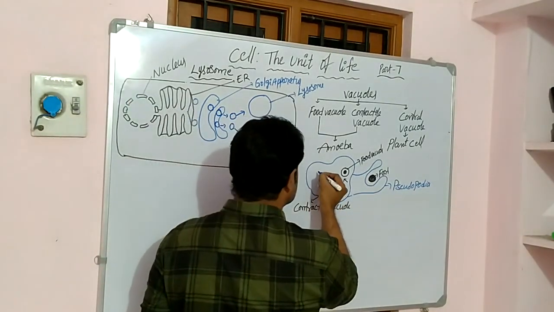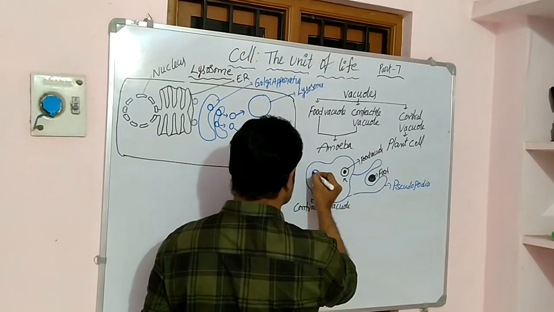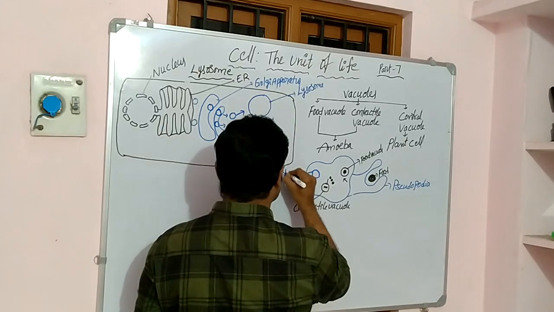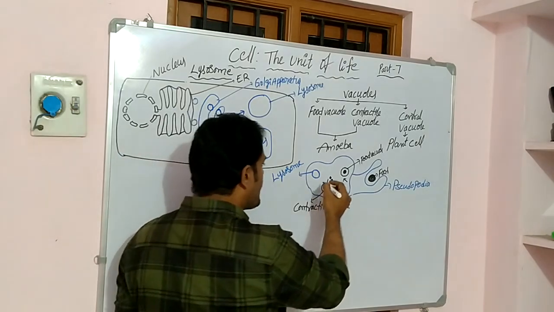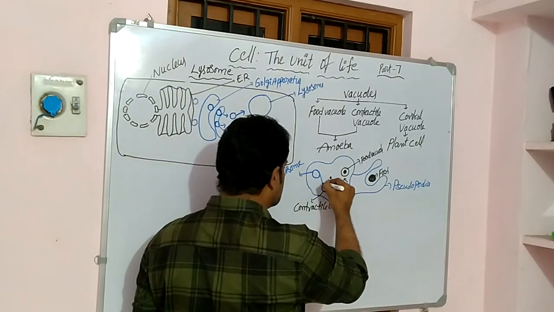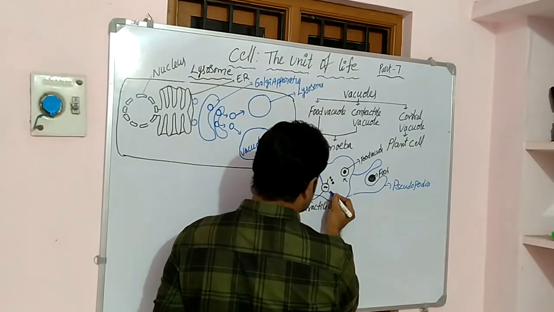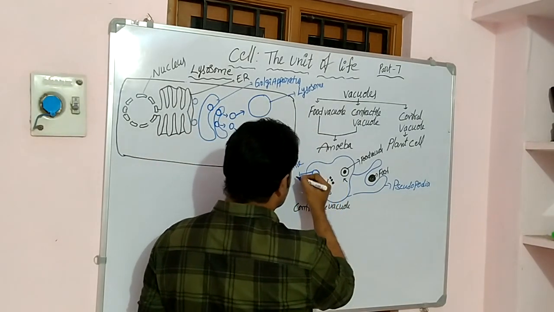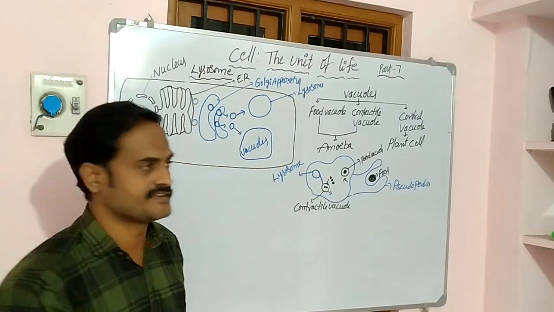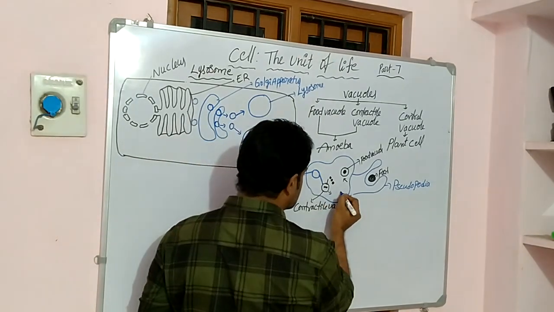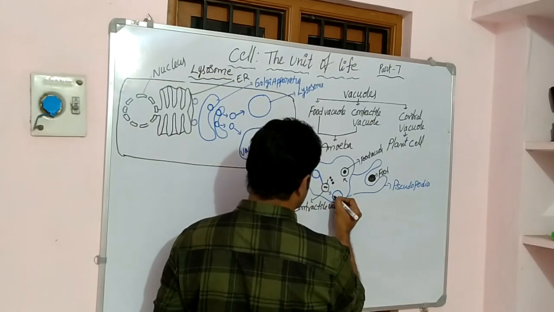The lysosome which is present inside the amoeba cell, this is called lysosome, comes and contacts this contractile vacuole. Then these substances reach inside of the lysosome like this.